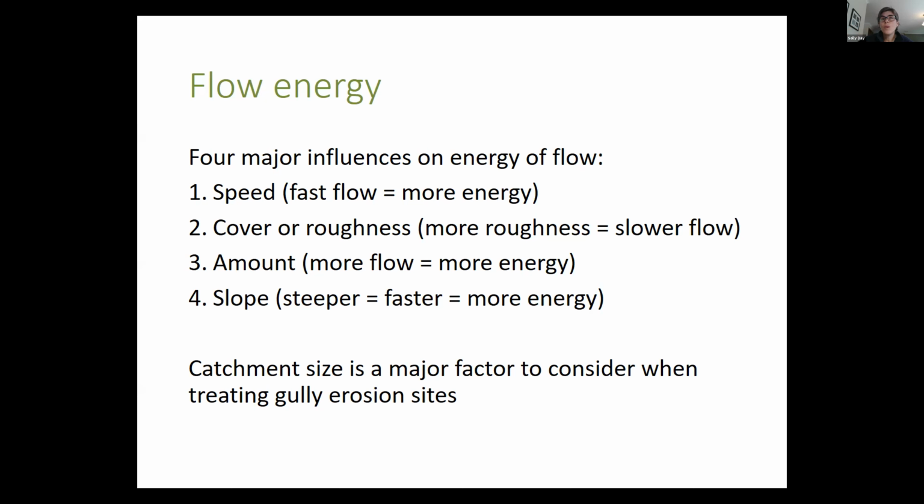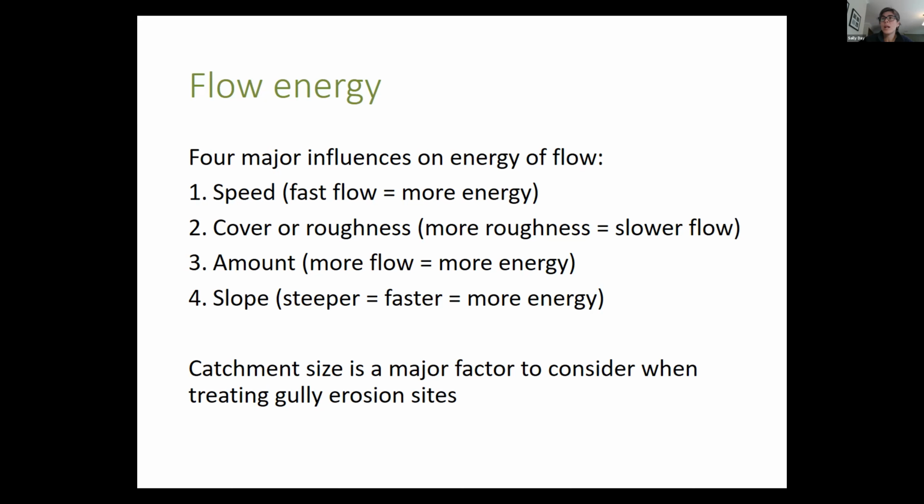All four of these influences are tightly connected. Slope and the amount of water determine the speed as well. So you've got a few things that are interdependent here, but I just want everyone to consider that it's all about the energy of the water that flows through these sites, which determines how much your potential erosion is.